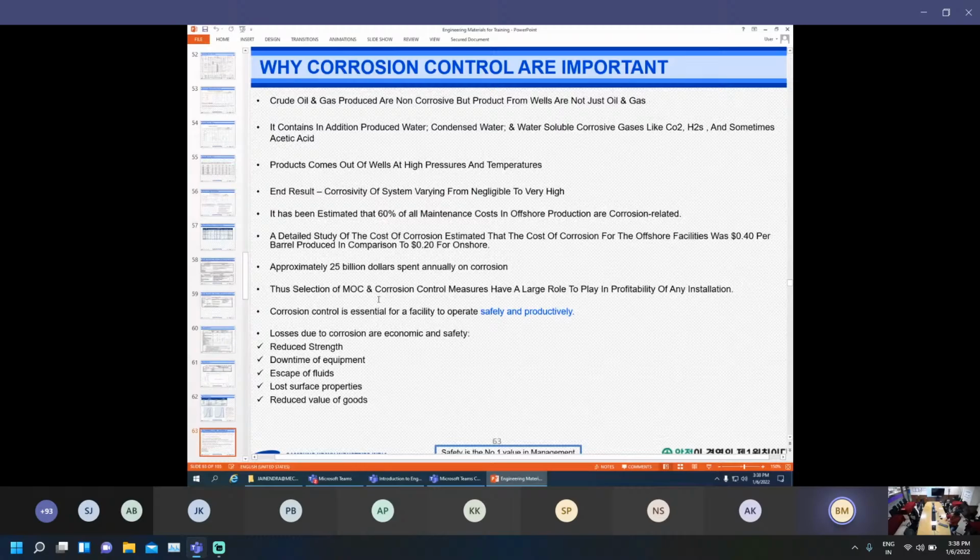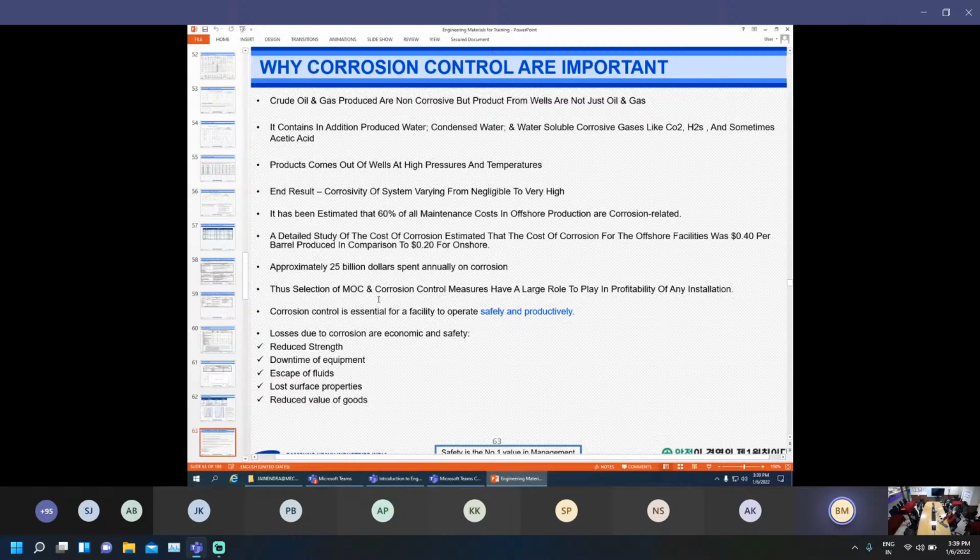So in reality, natural gas and crude oil are not corrosive in nature, but the impurities like water, CO2, H2S make the crude oil and the gas corrosive. And when it becomes corrosive, you need to control it.